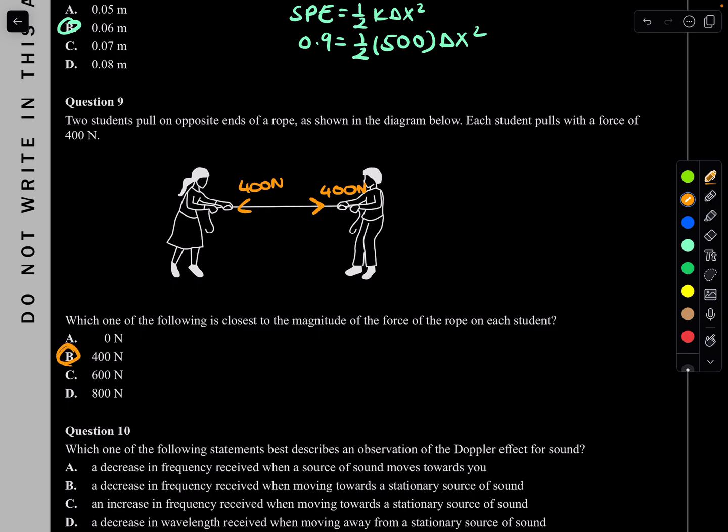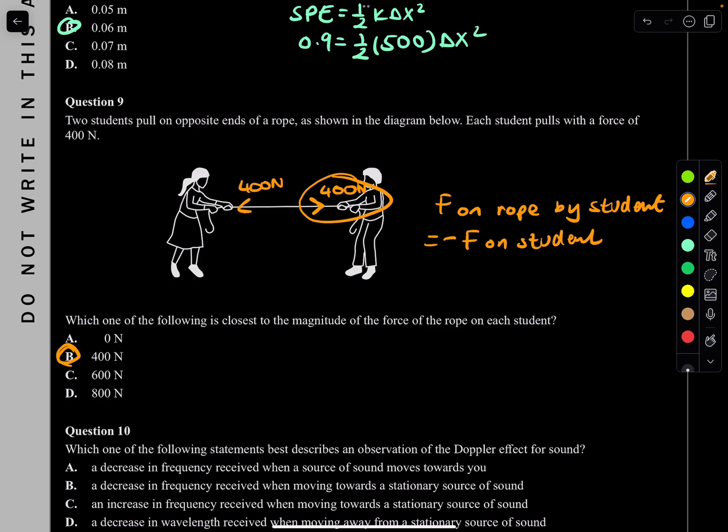Because remember, this force over here is the force on rope by student, and so it's going to be equal to negative force on student by rope.